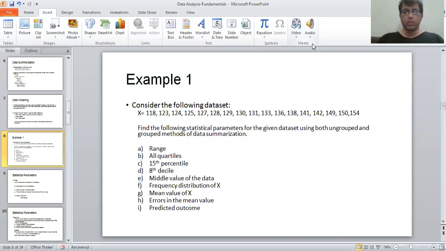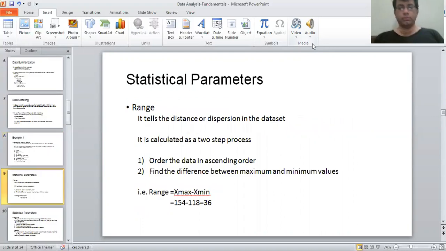So let's first start with the range. Remember, we are at this moment only doing the analysis as ungrouped data statistics. Later on, we will do the grouped data statistics.